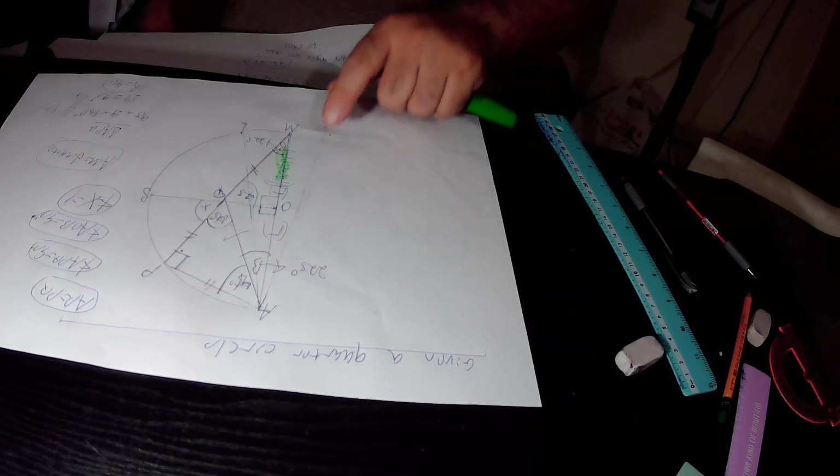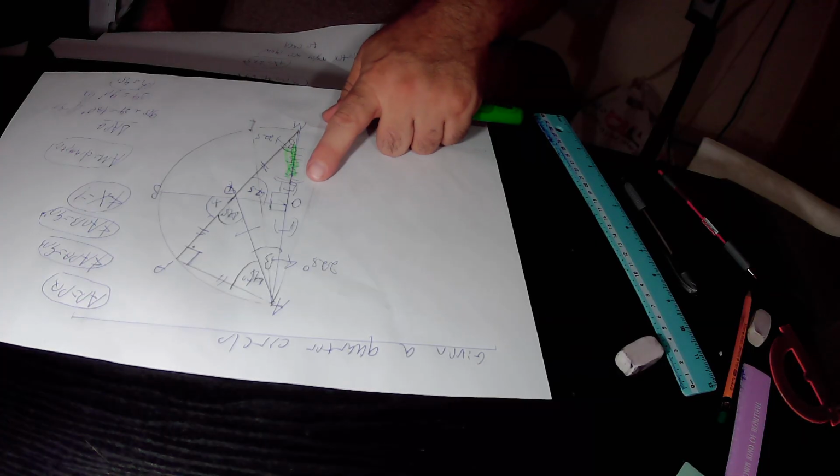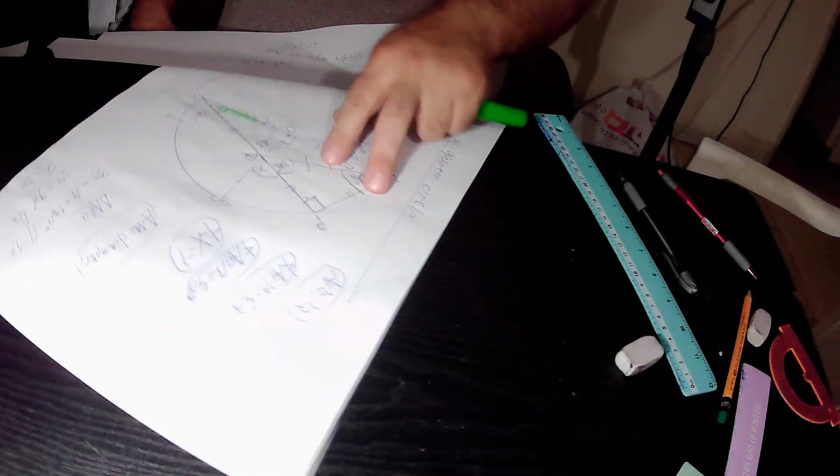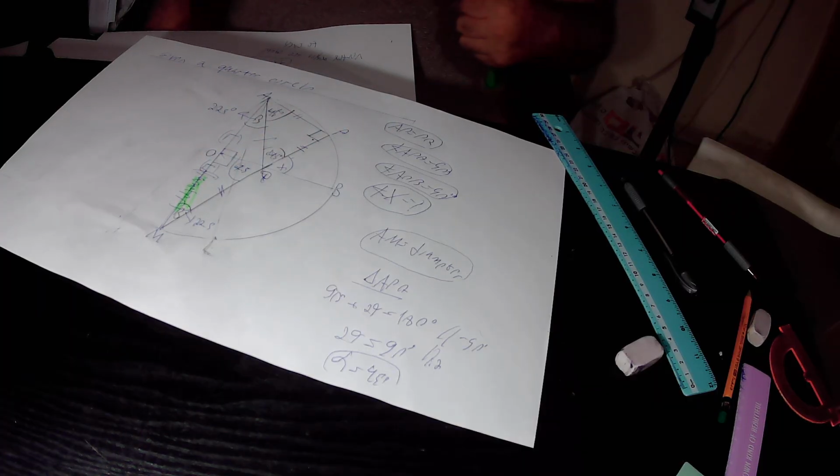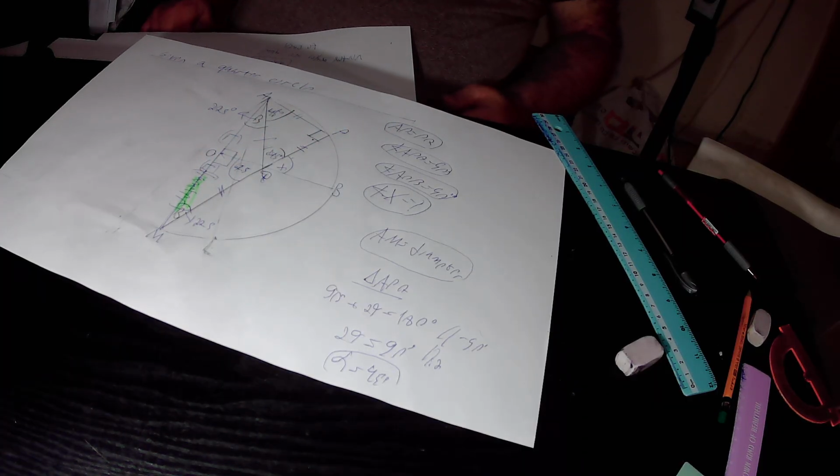Okay, so if you focus on the right triangle OQM, in this triangle OQM, the sum of the angles must be equal to 180 degrees. So which angles do we have in the right triangle OQM?